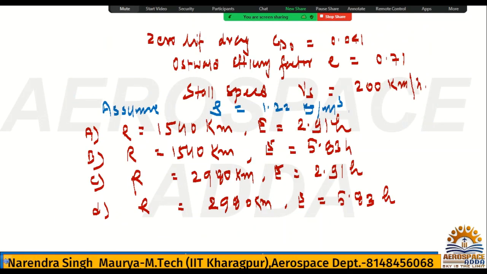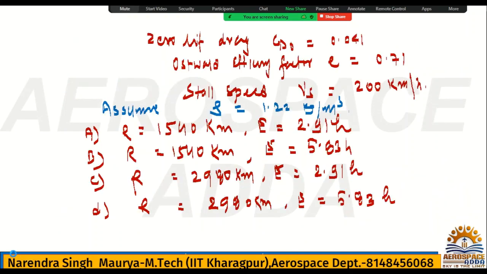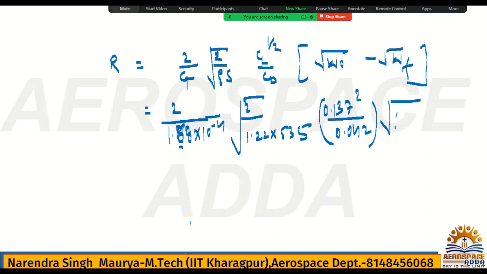Initial weight check 2.8 10 to the power 6, 1.9, 325, 1.9, 2.8. Calculate it here. Calculate and tell me the value.